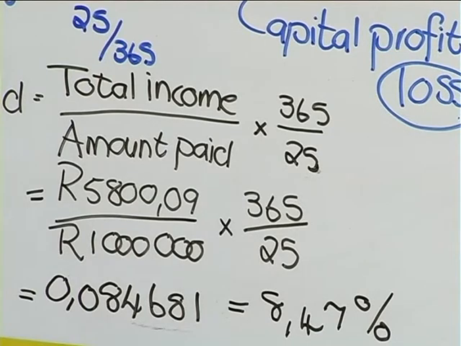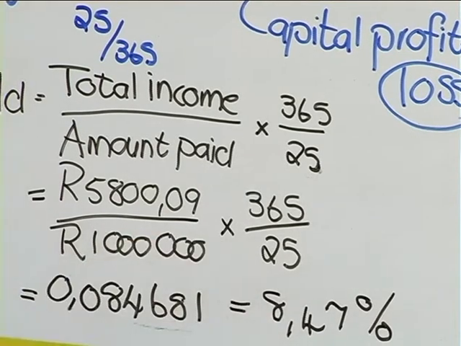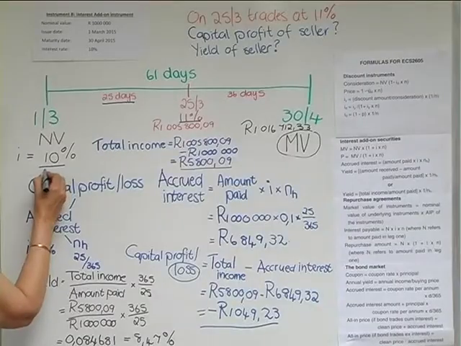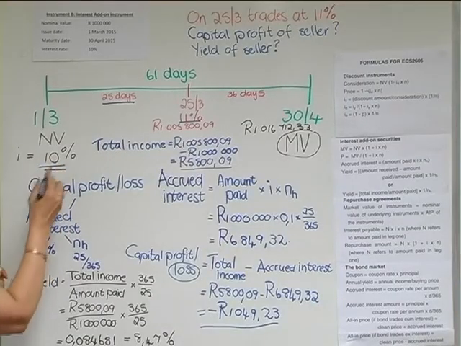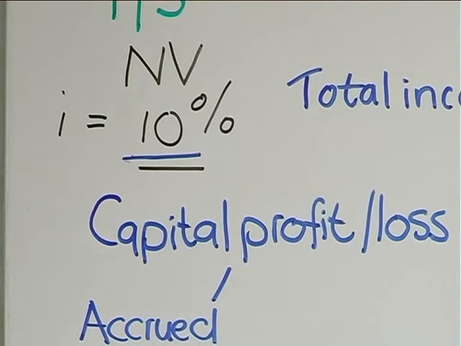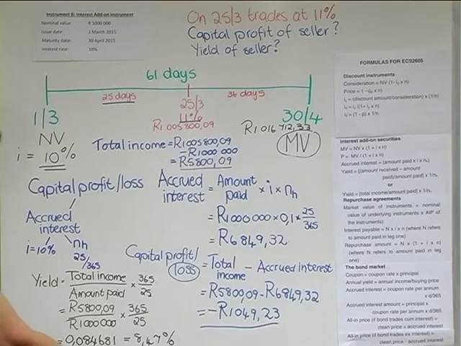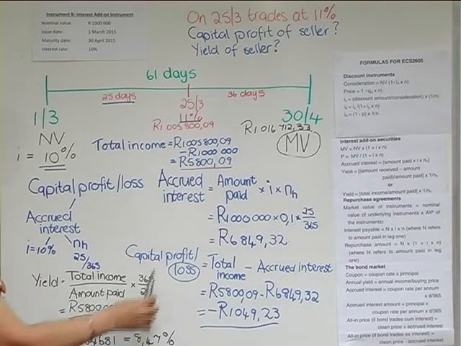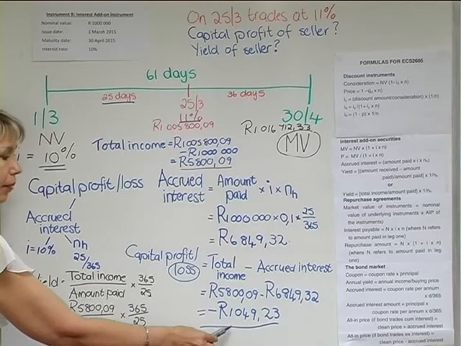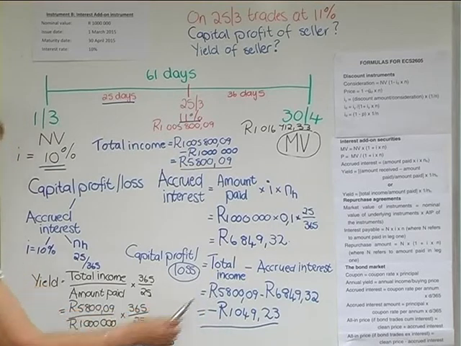Right, so if we compare his actual yield, 8.47%, to the yield at which he bought it, which was 10%, we see that it was lower. It was a lower yield. And of course, the reason for the lower yield is because it was sold at a capital loss.